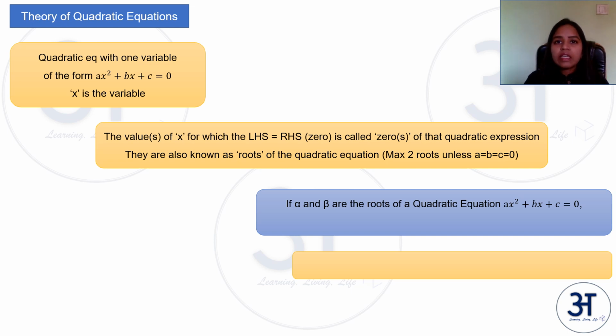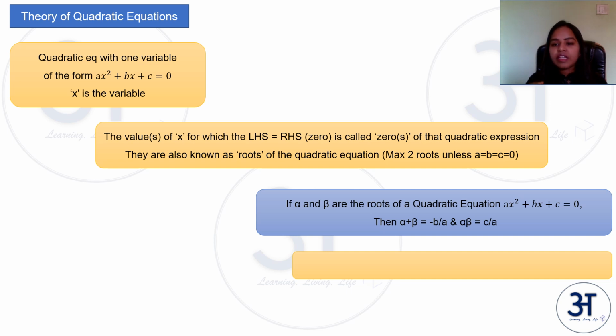Now the only important formula you have to remember in quadratic equations is this. If alpha and beta are the roots of the quadratic equation, then alpha plus beta is equal to minus b by a and alpha beta is equal to c by a, where the quadratic equation is of the form ax square plus bx plus c. There will be a lot of other equations, but every other thing can be derived by using this single equation.